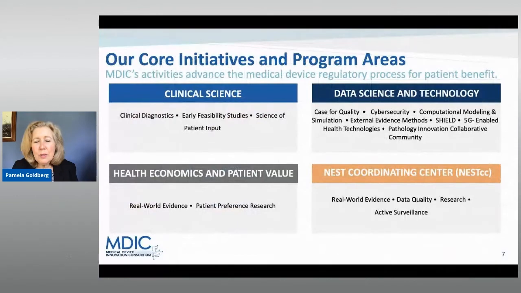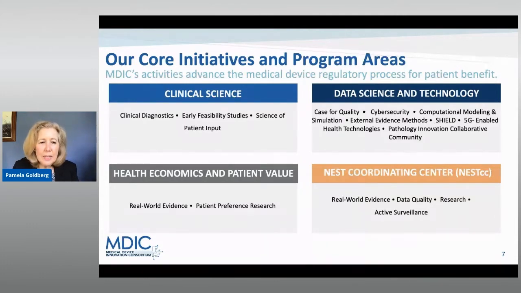So our core initiatives, we talk about MDIC as having 4 main pillars. Really, when we started, we were purely regulatory science based, and so clinical science was core to who we were in our early days. We then added data science and technology to include external evidence methods, computational modeling, more recently cybersecurity and Case for Quality.